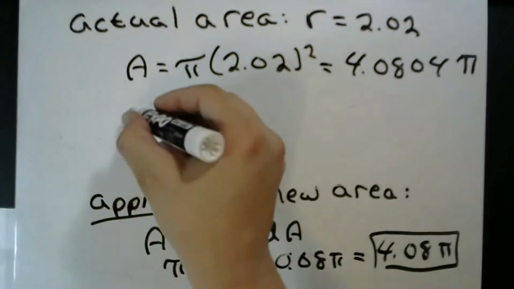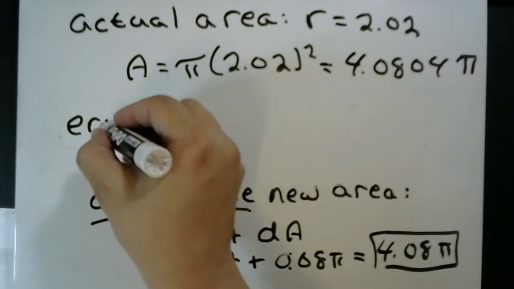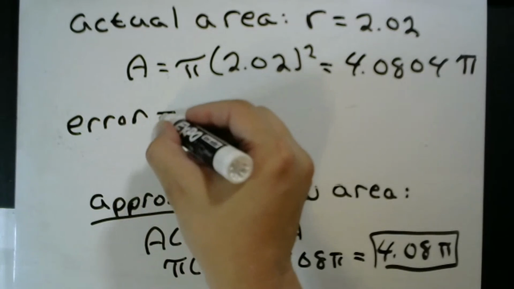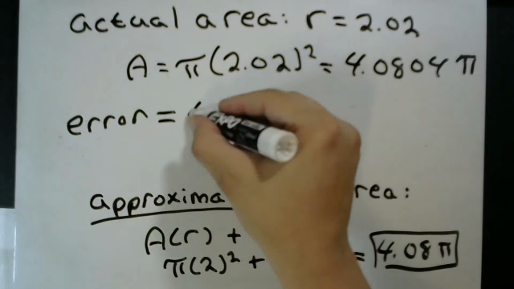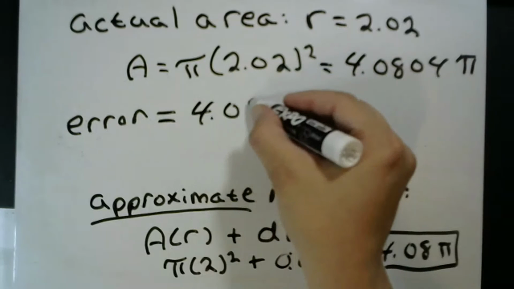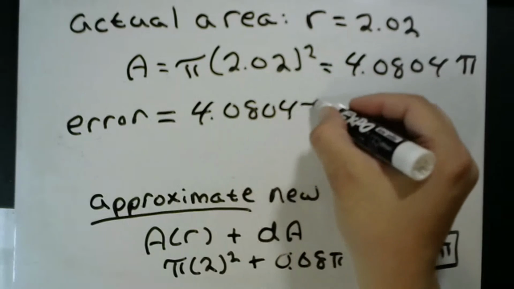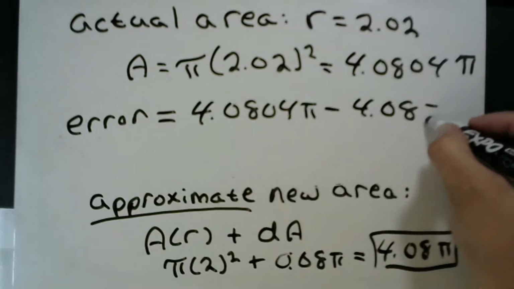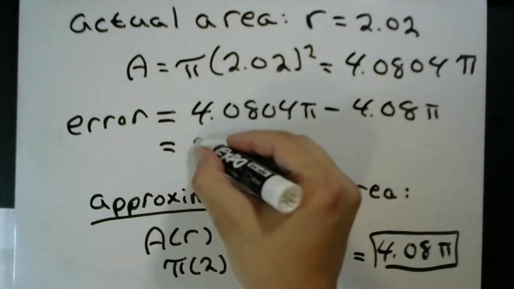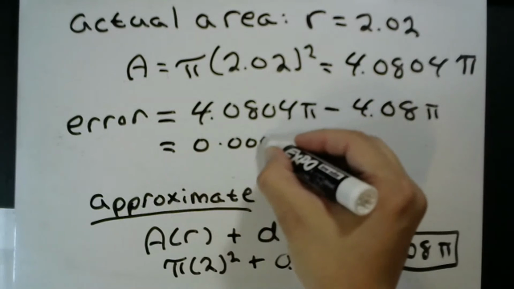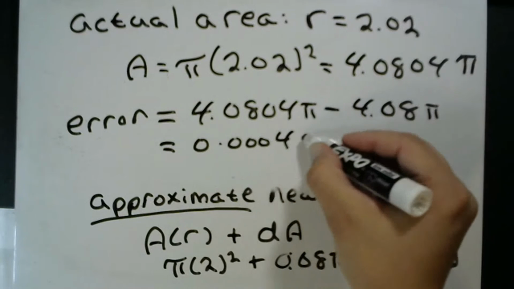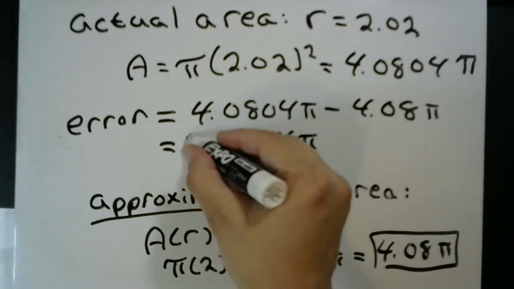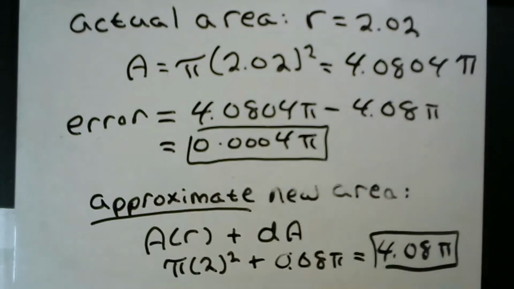So to find the error between the two, we have 4.0804 pi minus 4.08 pi, and that's actually pretty small, 4/10,000ths times pi.